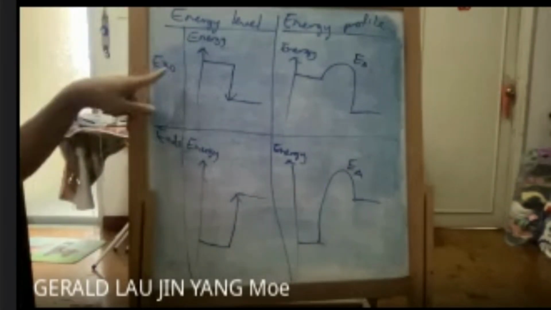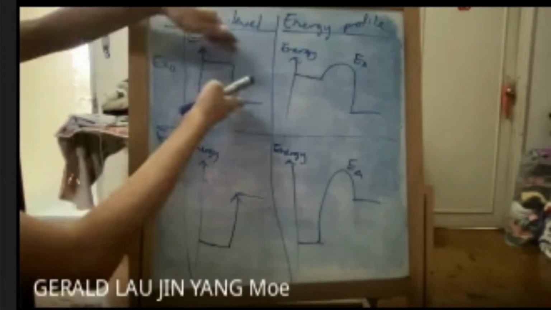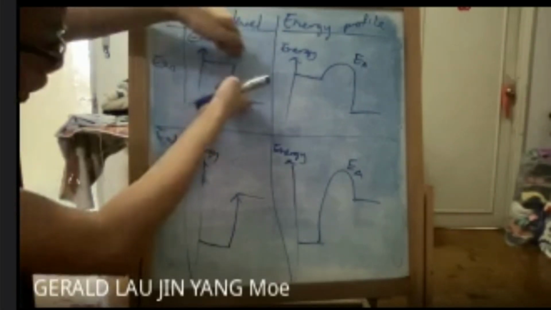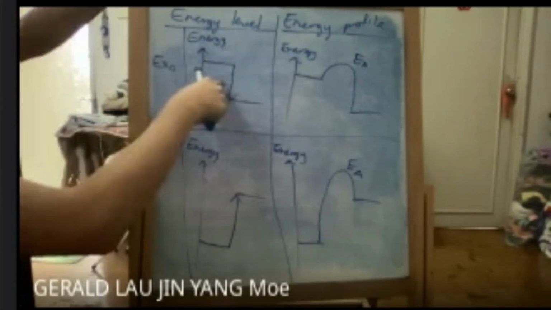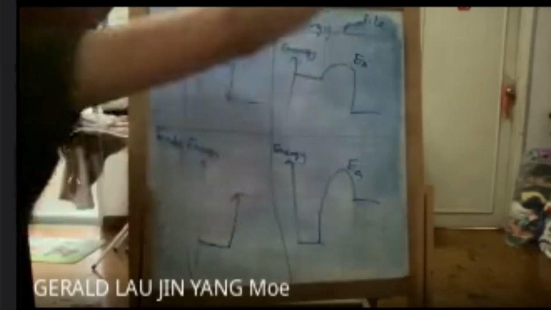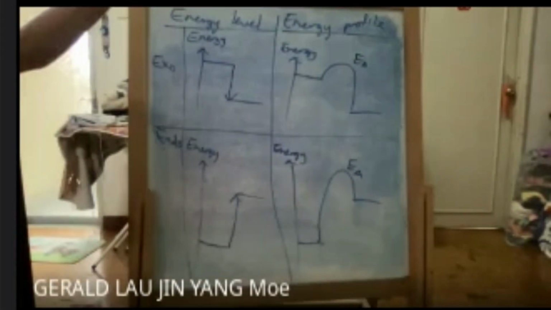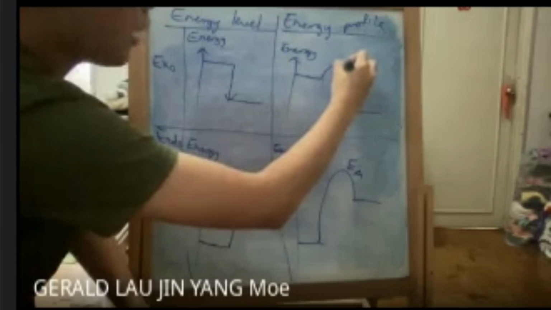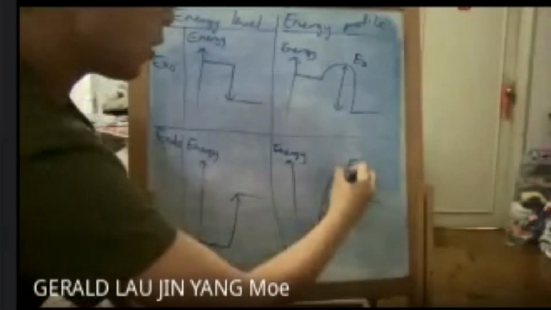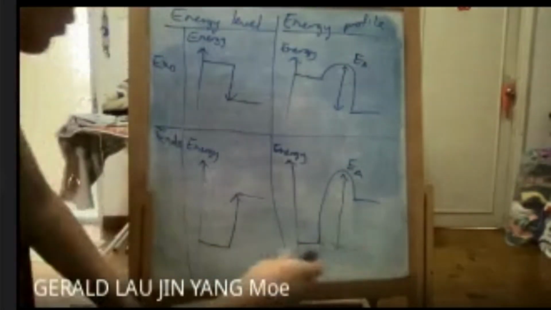First of all, look at the reaction, exo, you know the level. Draw out the level for the energy first: which one is higher, which one is lower. Then if it is an energy level diagram, just a staircase like that. For energy profile, you need a curve like that. This is the activation energy in the energy profile diagram of the reaction.